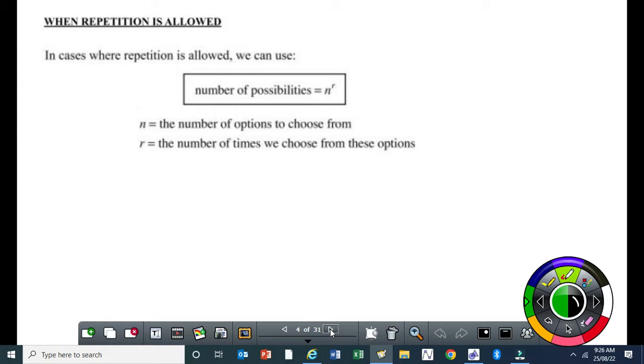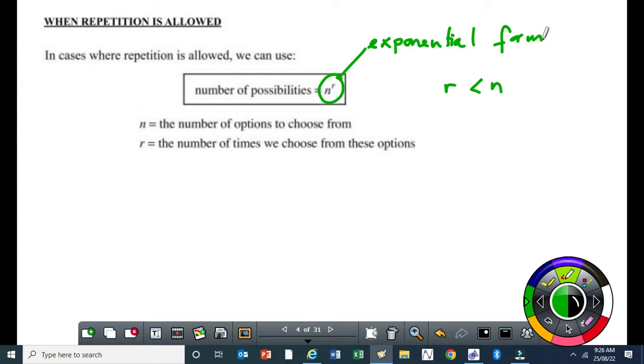So it's more like r is less than n. And we call this the exponential form. This is the exponential form of the fundamental counting principle. We use the exponential form if repetition is allowed.